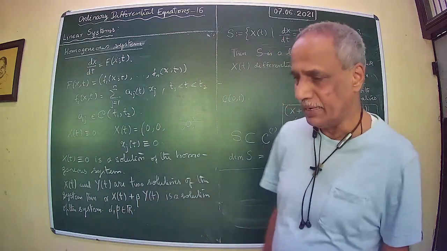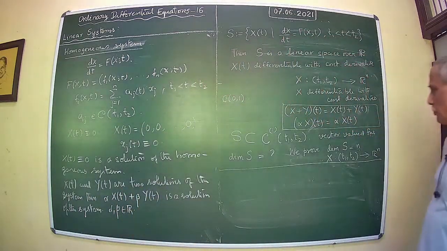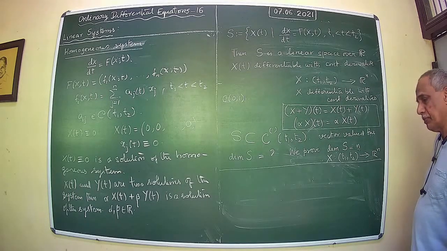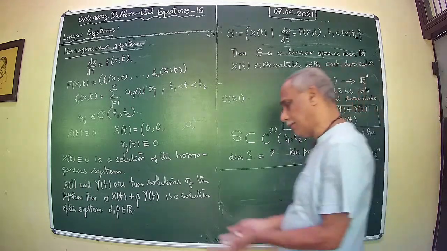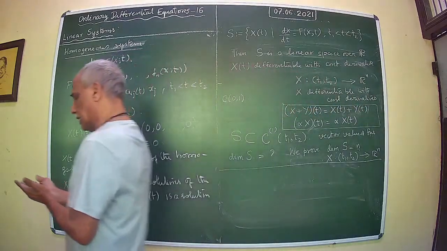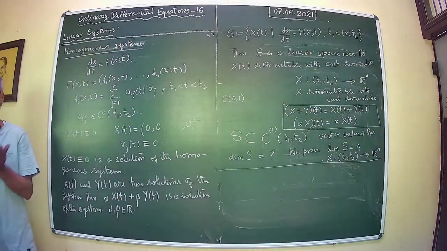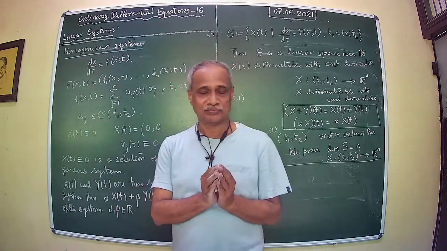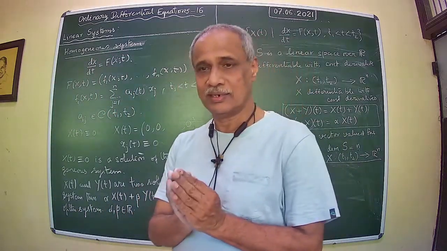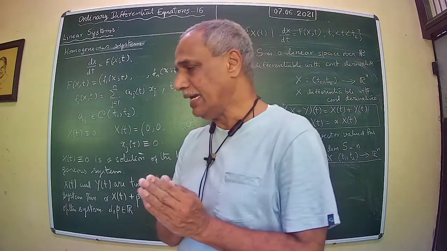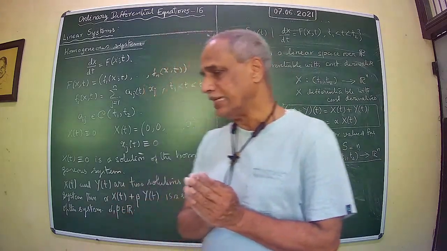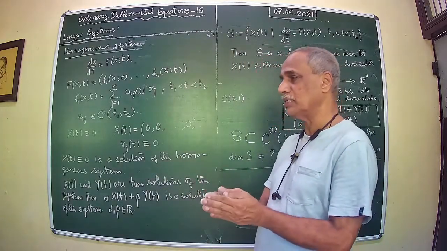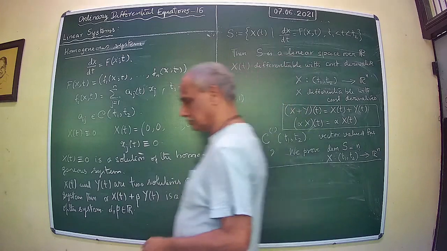Okay, what are the advantages? If you can prove this, then naturally you can have a basis for S consisting of exactly n solutions, and in terms of these n solutions, we can express every solution as a linear combination of them.